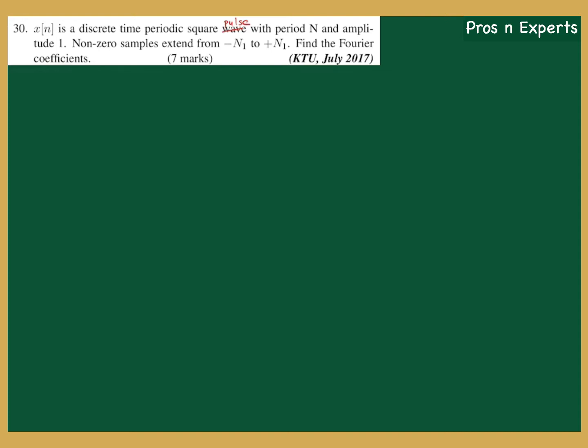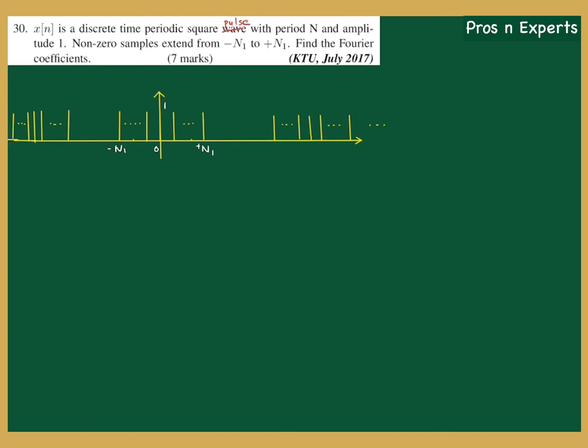So let's try to plot this signal for an accurate result. So this is x of n. As per the data given in the question, this is a discrete time periodic square pulse. Period is N, so this sample will be minus N1 plus N. You add plus N to get the repeated sample.